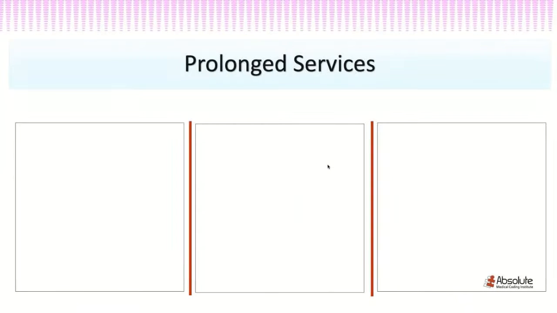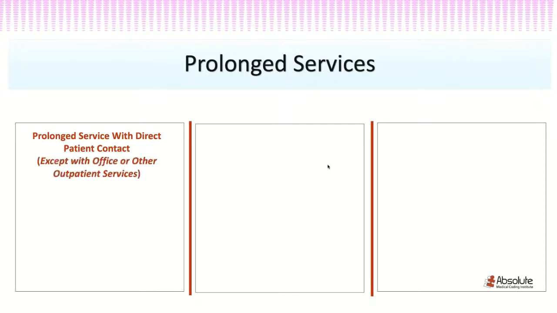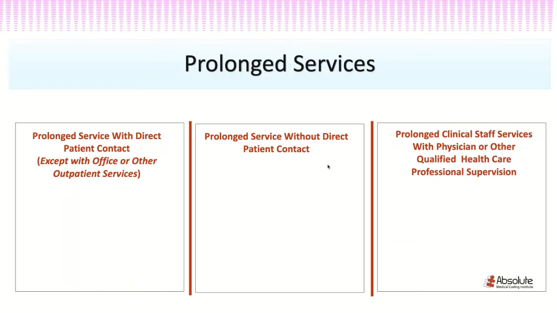Prolonged services has 3 categories of codes. You have prolonged service with direct patient contact, without direct patient contact, and prolonged service codes for clinical staff that's supervised by qualified healthcare professionals and physicians. So I want to show you the code series for each.